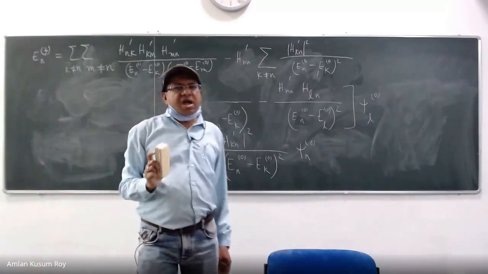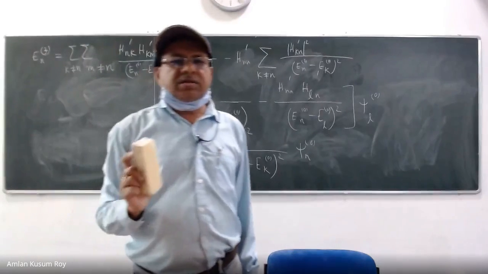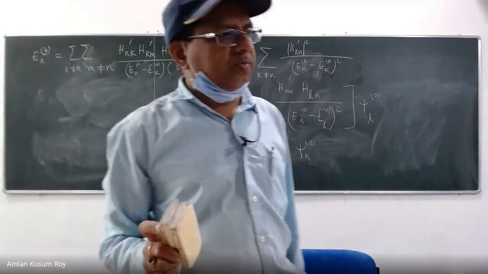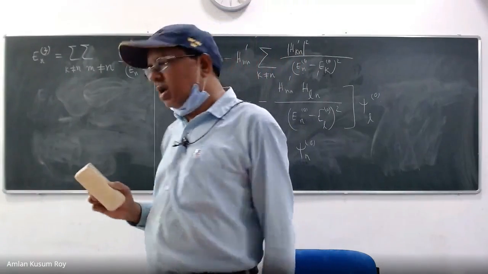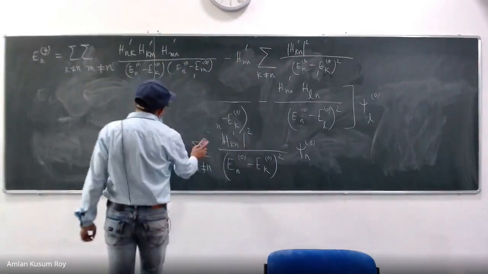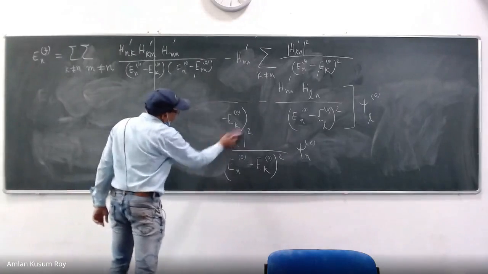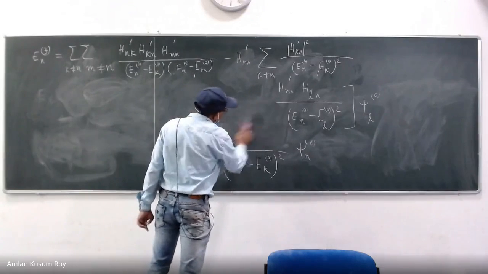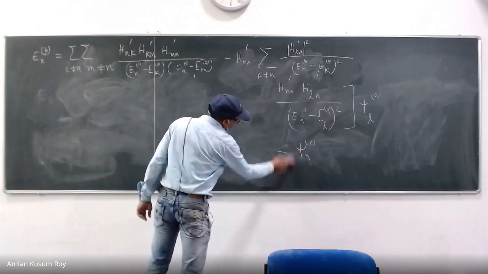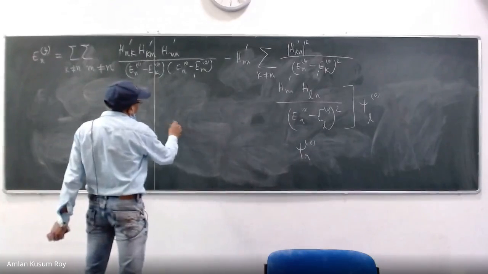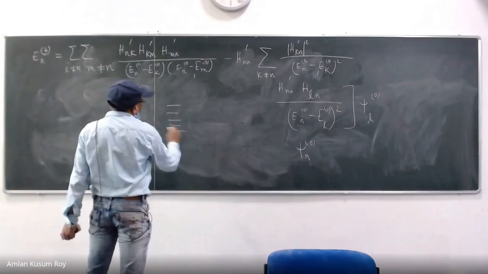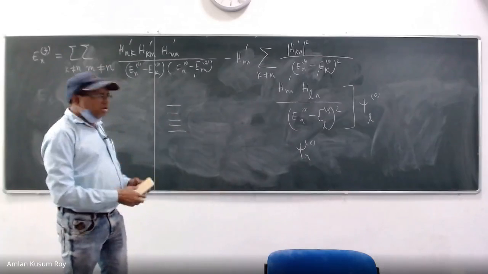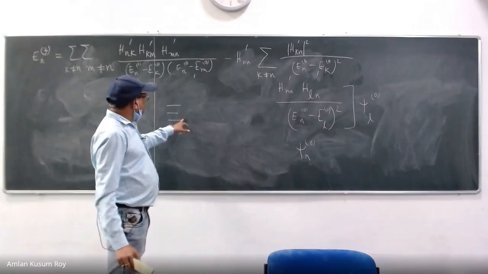Rohan, higher energy states, that's not very correct. Let me tell you, why are you stuck with the ground state and excited states? Suppose I have a state, right? This is the spectrum. You can apply perturbation theory on any of these states.